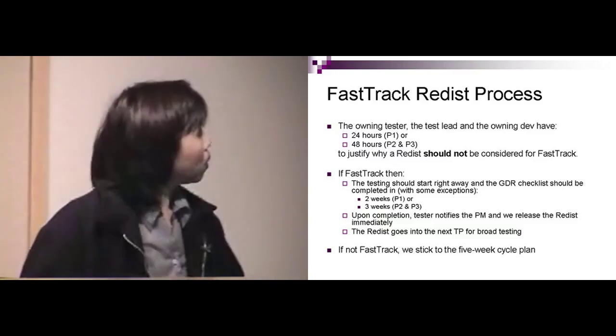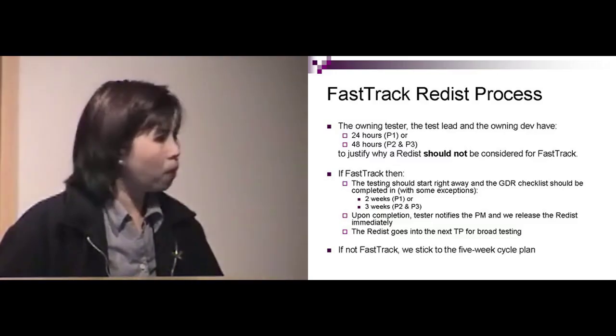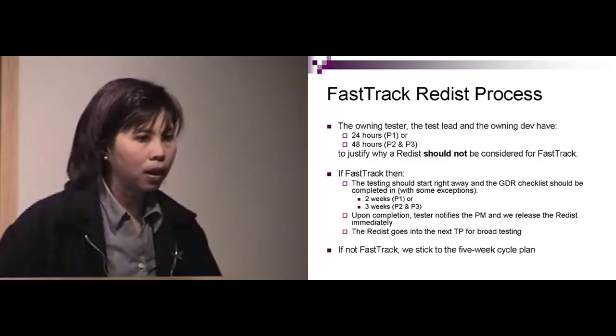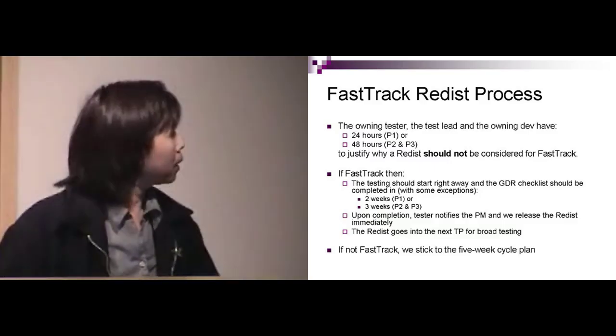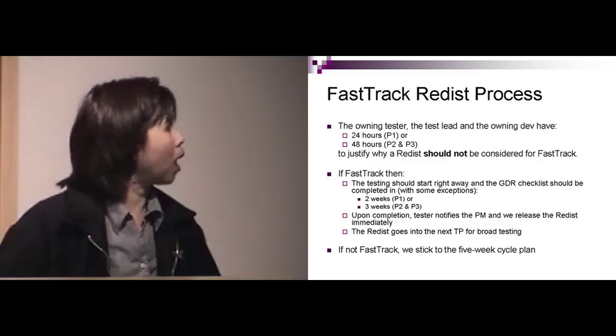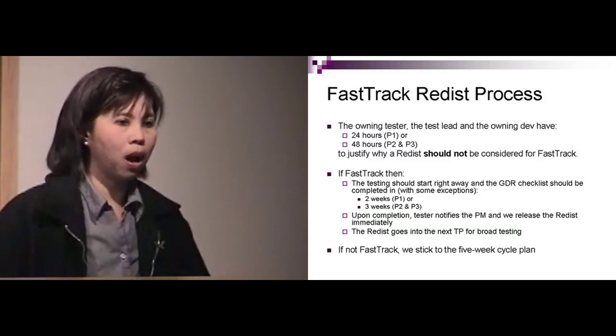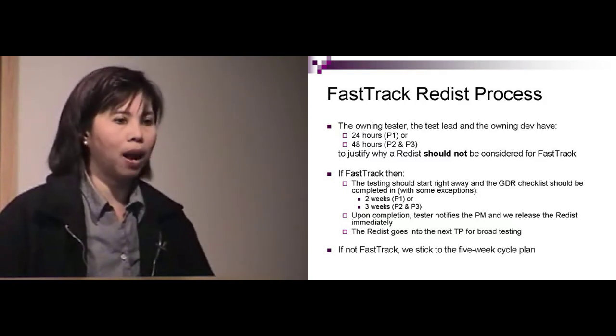So this process goes like this. When the customer calls in and reports a problem, we have a WinSE hotfix open, and they may choose to request us to open a Redist bug. Then the WAR team triages the bug and grants that request.